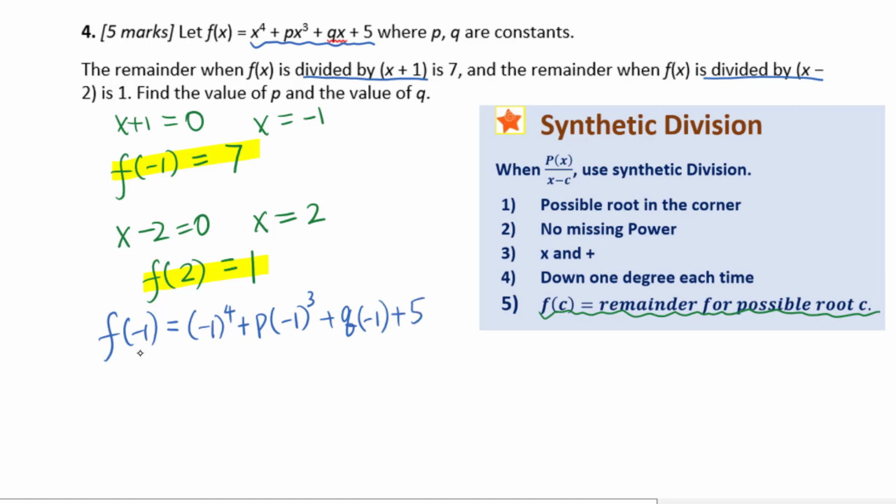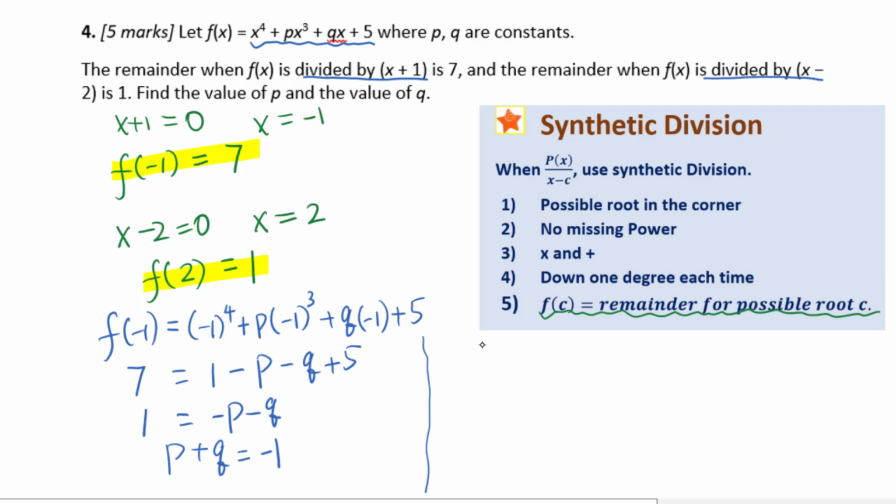We organize: f of negative 1 is 7, equals 1 minus p minus q plus 5. So 7 minus 1 minus 5 is 1. You will get negative p, negative q. Divided by negative 1, we get p plus q equals negative 1.